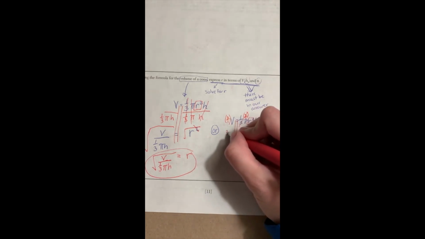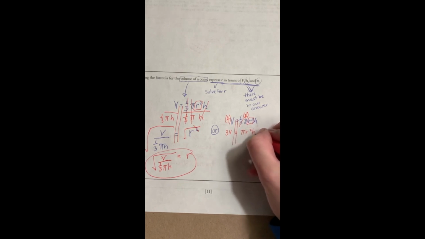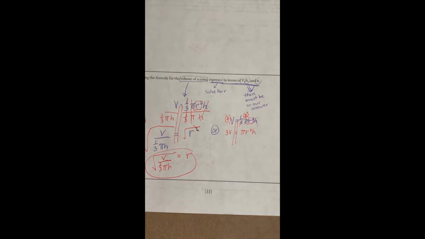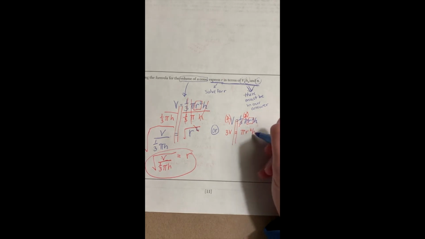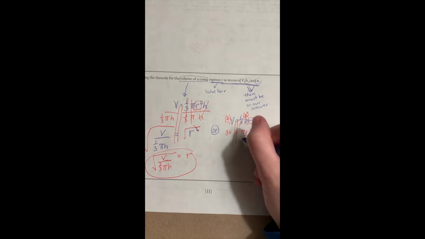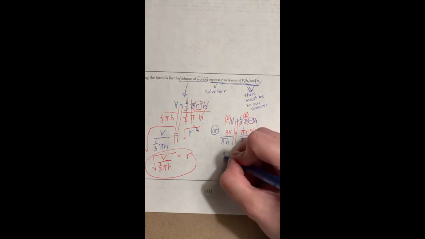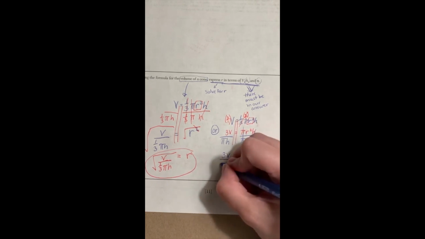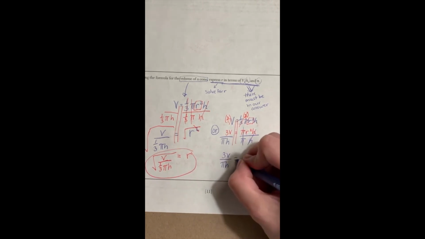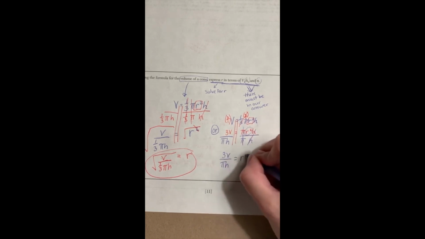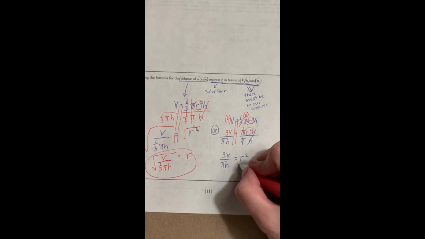That would leave me with 3V equals pi R squared H. And then I just continue with the steps that I did over here. Well, pi and H are still attached to that R, so I'm going to divide it out on both sides. These cancel. I'm left with 3V over pi H equals this R squared. Again, I'm at that last step. Well, to get rid of the square, I need to do the square root.